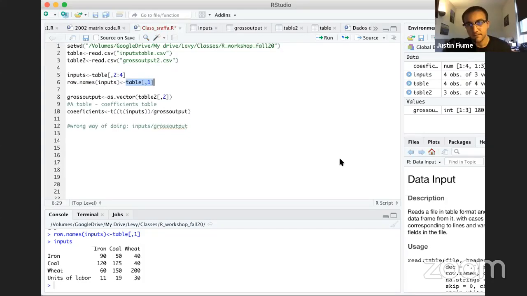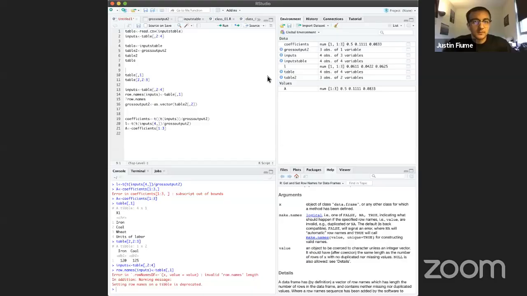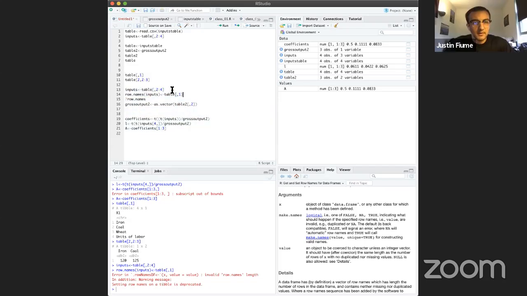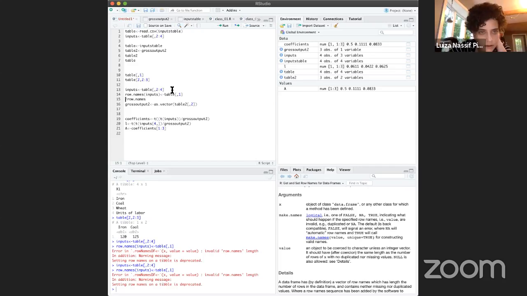Can you share your screen? Yeah, so here, right here, you did that, and then here, that's where the error is. So run the inputs first, just at line 13.